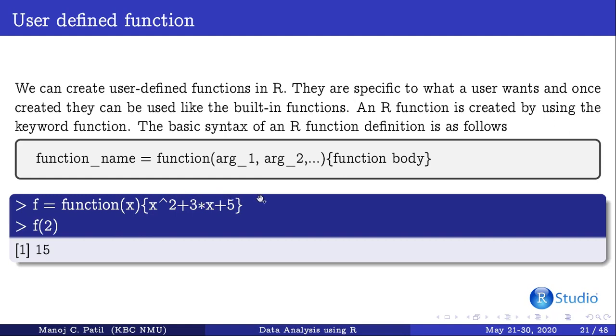Now we have defined the function f. Now we can use it as an inbuilt function, f of 2. For f of 2, x will be equal to 2, x square plus 3x plus 5 equals 15.